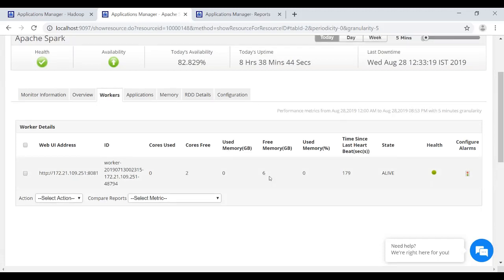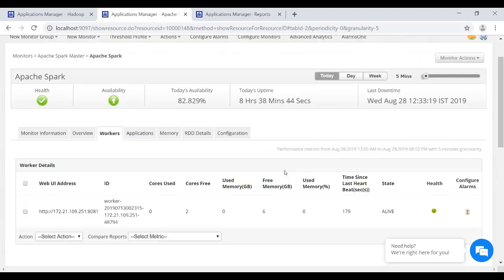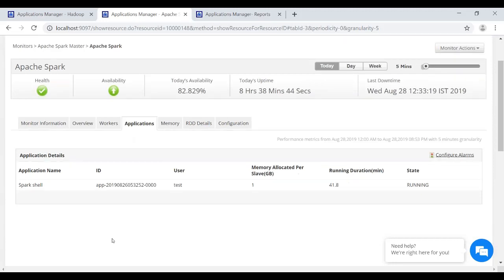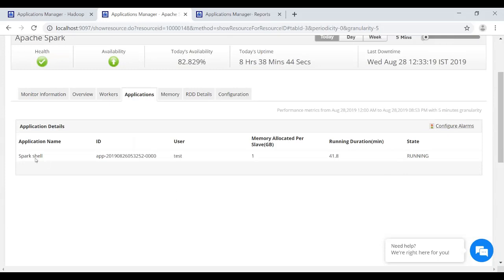Applications, right now we have only one application running, but the more the applications, the more the data and the more the resource consumption. So it behoves us to be proactive when we are talking about launching Spark, because applications consume quite a lot of memory. So it is important that we always stay vigilant about the memory usage of these applications. More details are in the memory tab.